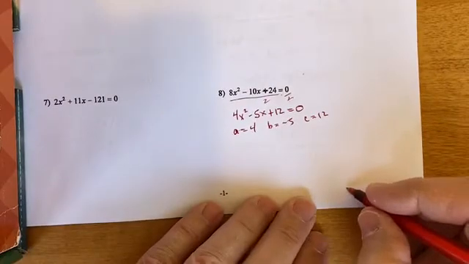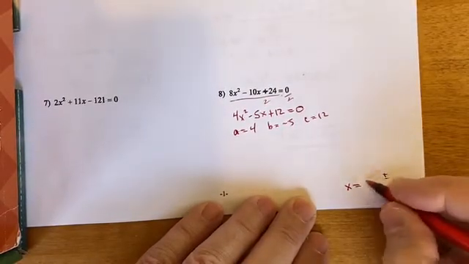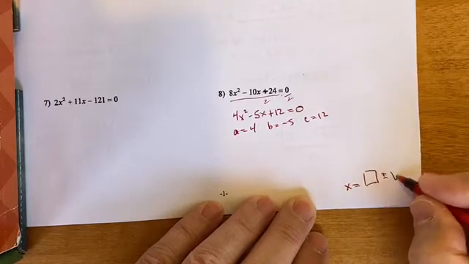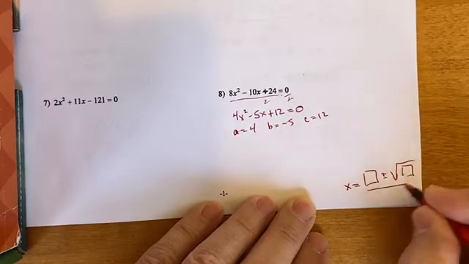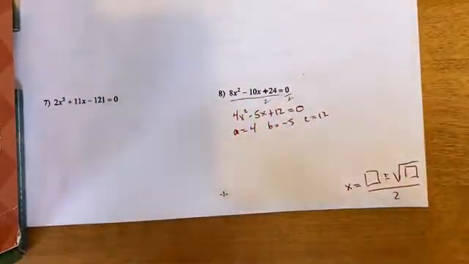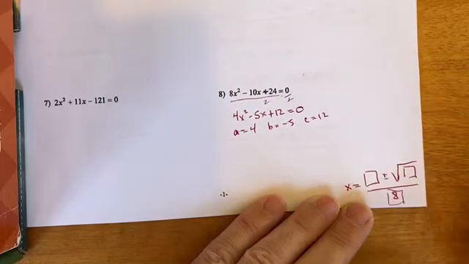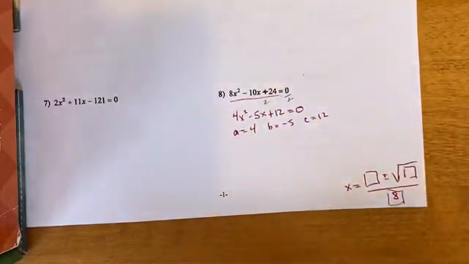So our answer down here is going to be some number plus or minus the square root of some number all over some number, all over 2 times 4, which is 8. That's 2a, right?